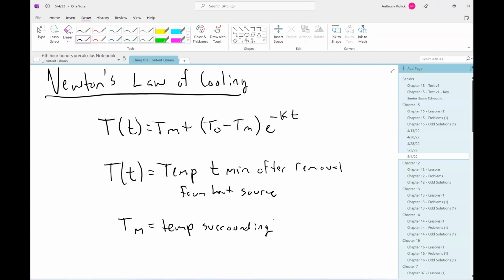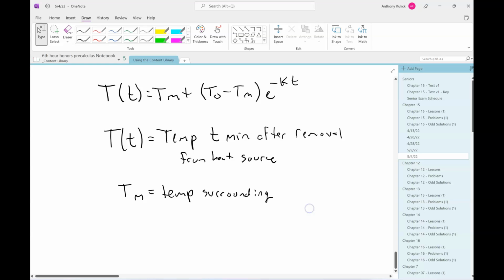I don't know if we have any future blacksmiths in the room, but T naught is the temperature of the substance upon removal from heat.